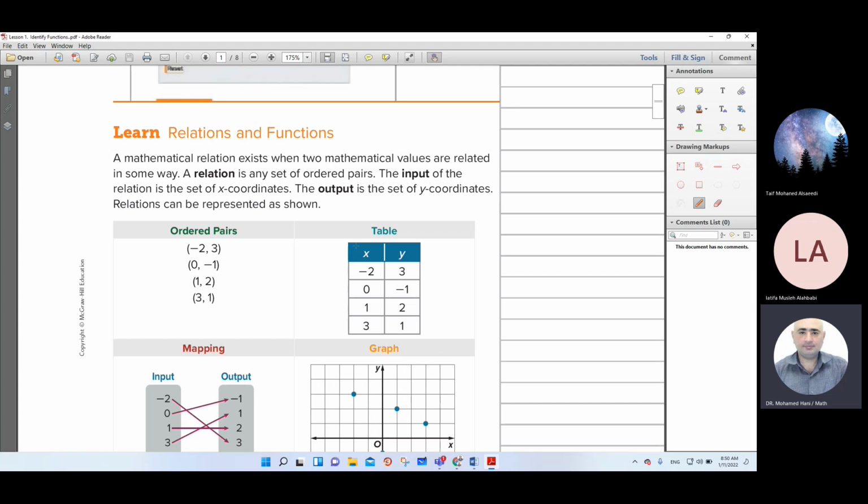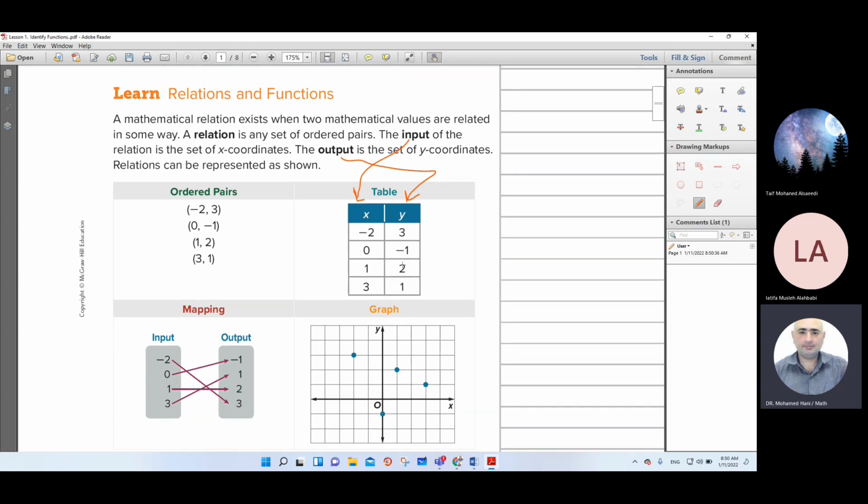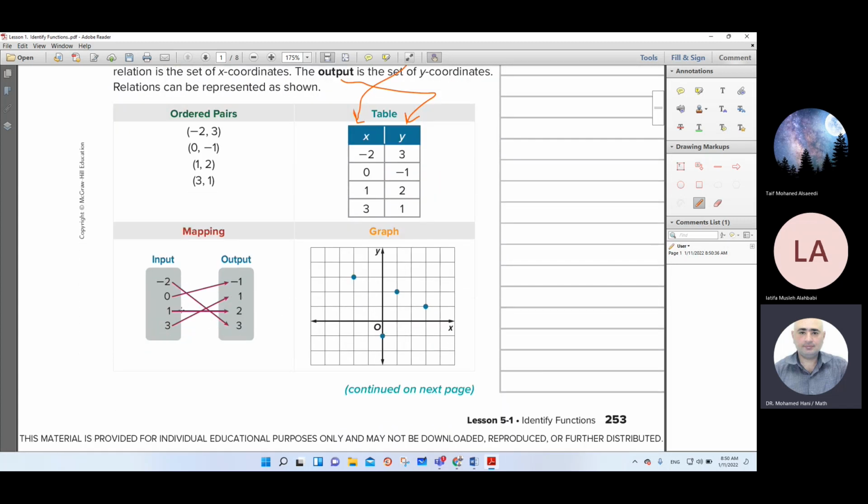The name of x is input. The name of y is output. The name of this diagram is mapping. Mapping includes input and output, and this is the relation.